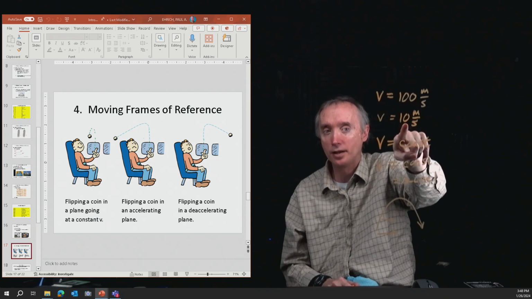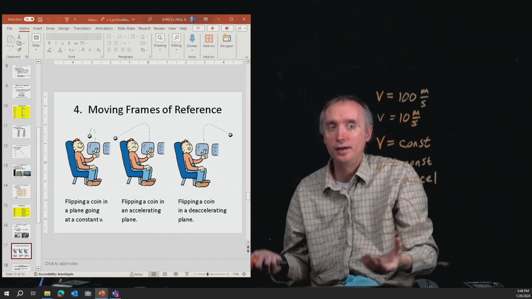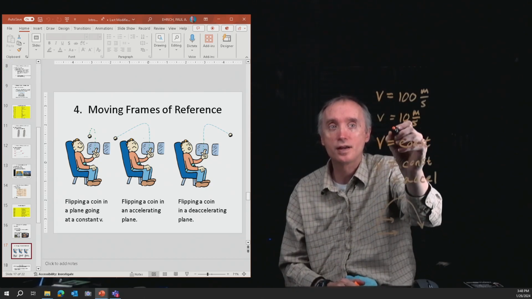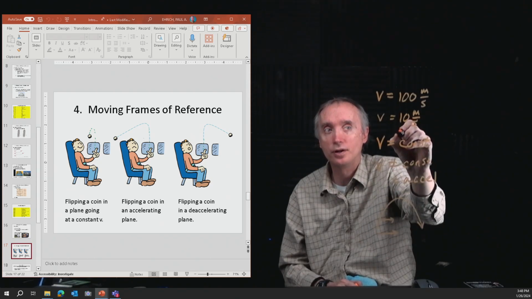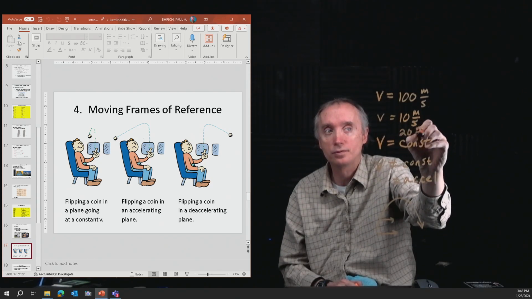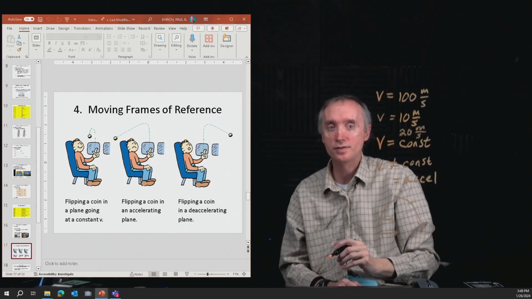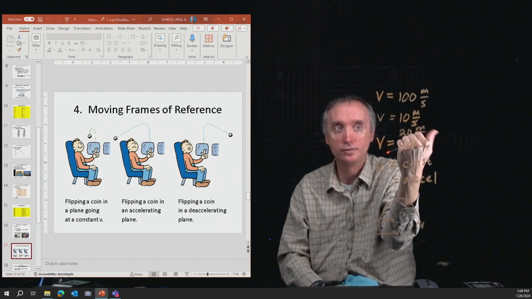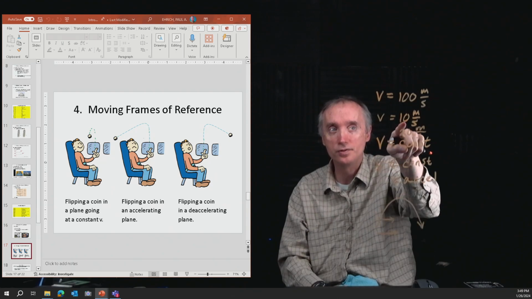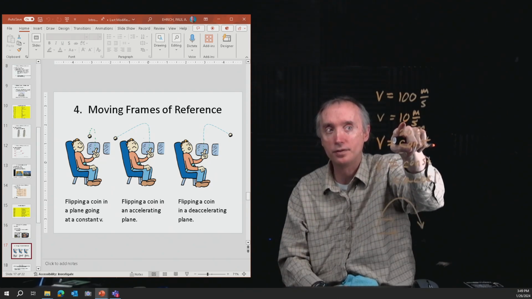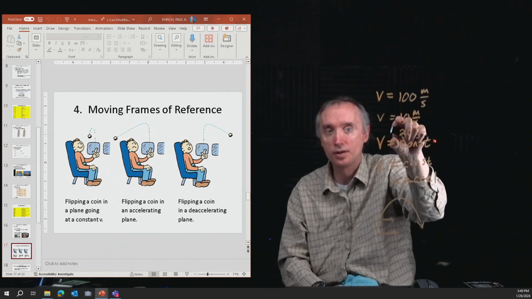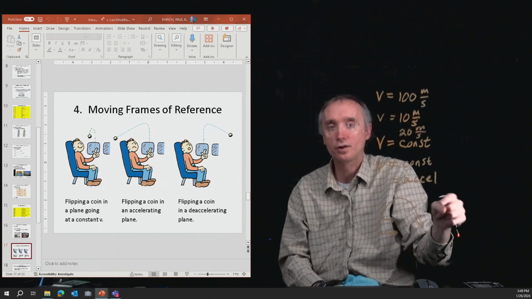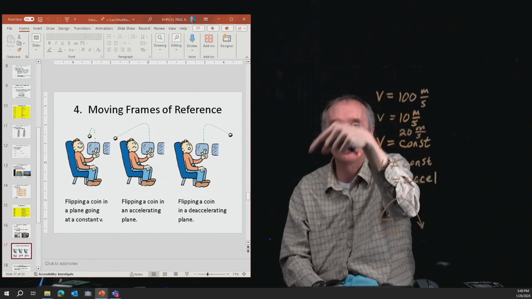But what about the airplane? So 1 second later, the airplane is going faster. So now let's say that the airplane is now going at 20 meters per second. So in 1 second, it has now traveled further in this direction than the coin did. The coin is only going at 10 meters per second, but the airplane's going at 20. So the airplane outdistances the coin, so it makes it look like the coin is going backwards.